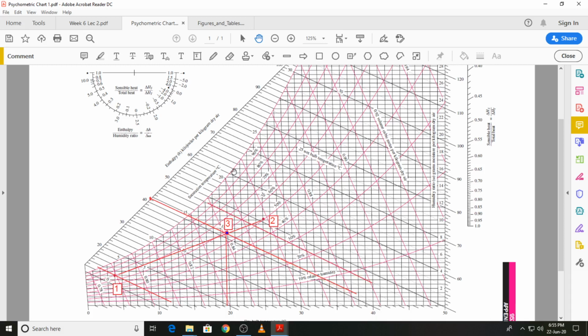If I just draw a single line over here, so the 41.9 line will be passing through over here.